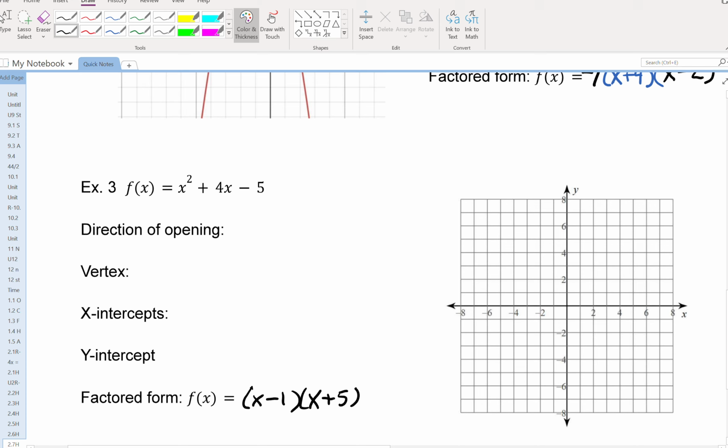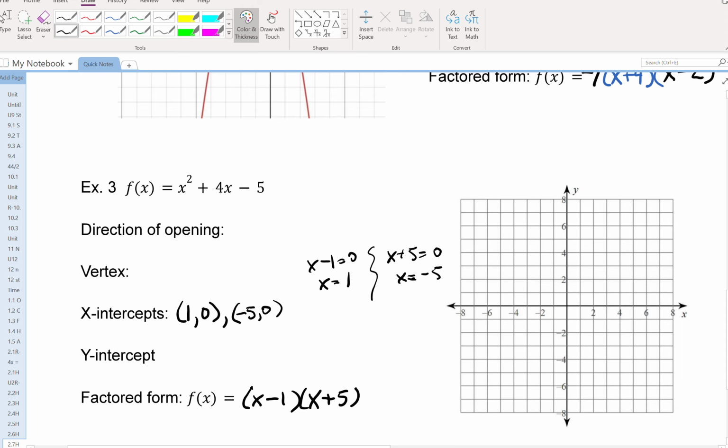And if x minus 1 equals 0, then x equals 1. So one of my x-intercepts is at the point 1, 0. And if x plus 5, the other factor, is equal to 0, then x equals -5. So my other x-intercept is at -5, 0.